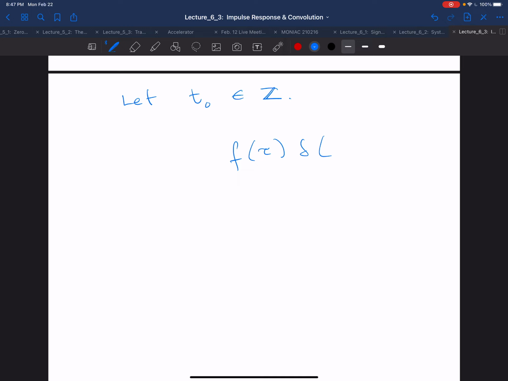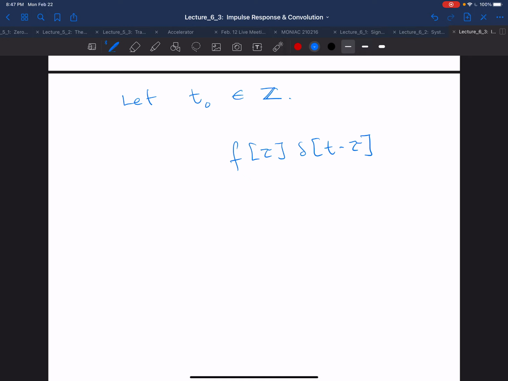I'm going to use square brackets to emphasize that we're talking about discrete time functions here. That's what the square brackets indicate.